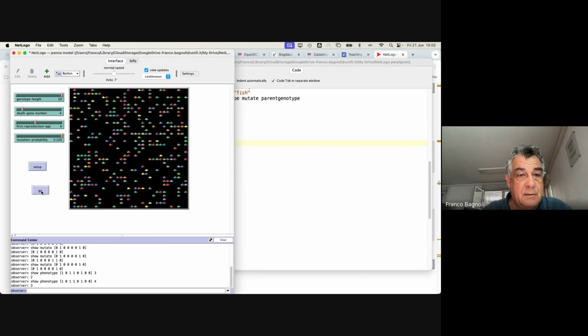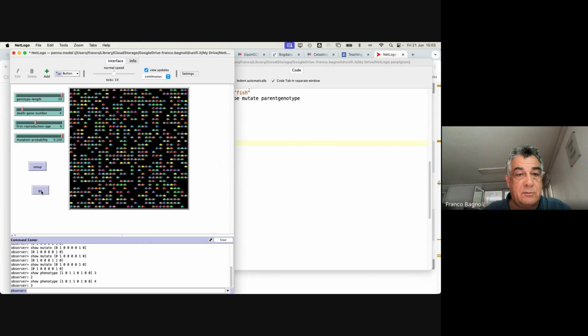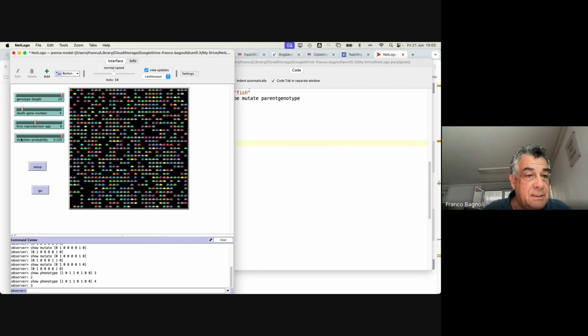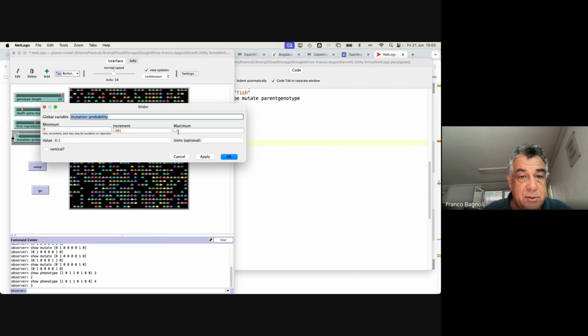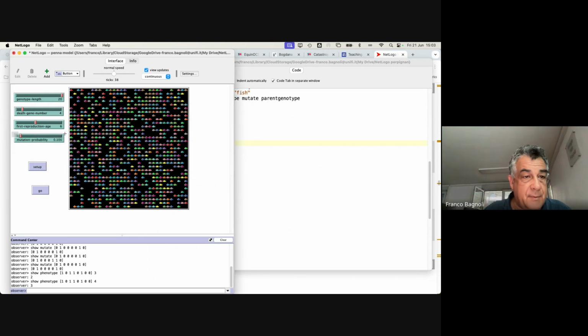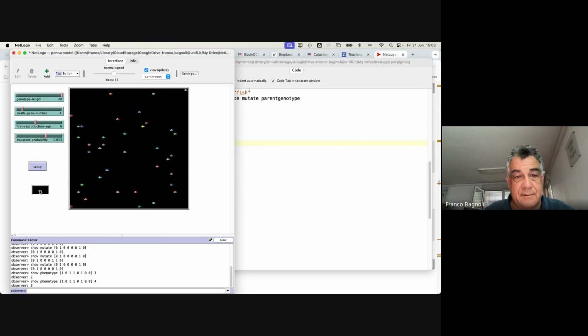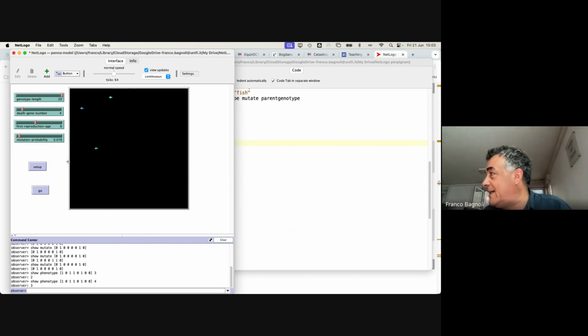You see that now things are evolving. If I increase the mutation probability a lot, I should see some catastrophe. Okay, so this is a kind of mutational meltdown.